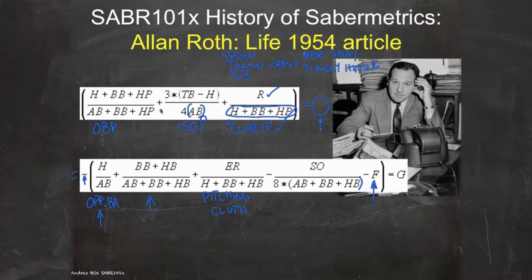When they did the analysis, they found that OBP was highly correlated with offense, clutch was highly correlated with offense, and power less so. Power wasn't as correlated with offense. So they take 75% of power in their formula. Here they're only taking 12.5% of strikeout percentages into the defensive formula.